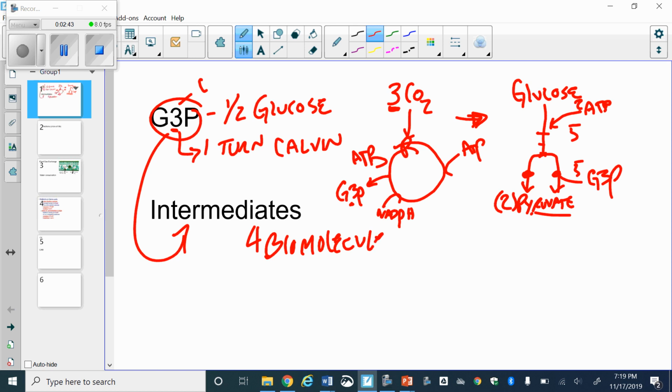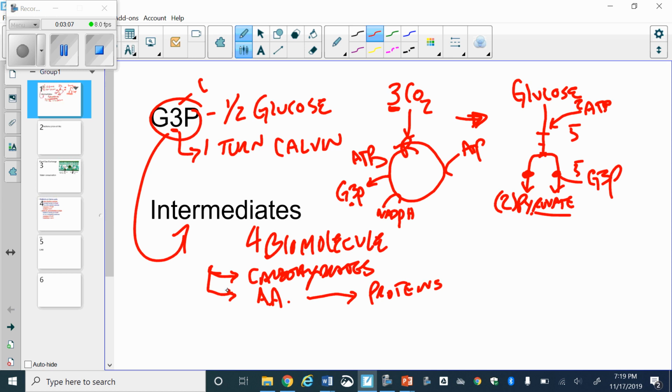So we can use G3P to make, obviously, carbohydrates, because it is a carbohydrate. But it also serves as a backbone. We could also use it as a backbone to build various amino acids. How many? Oh, all 20. So we could use that to build all of our complex proteins.